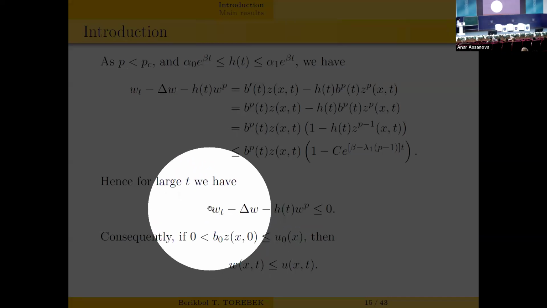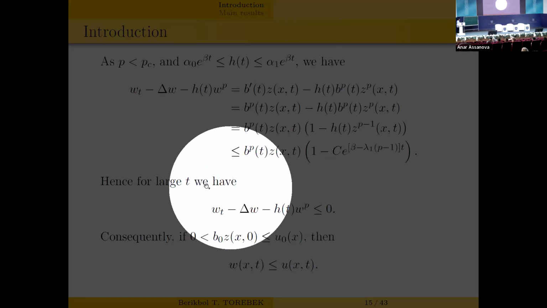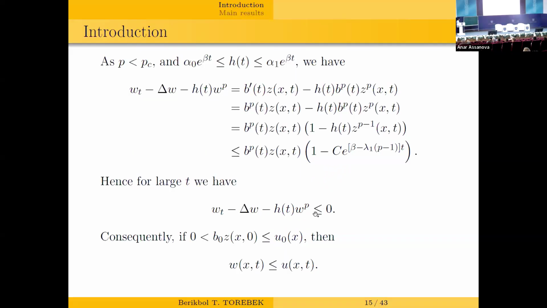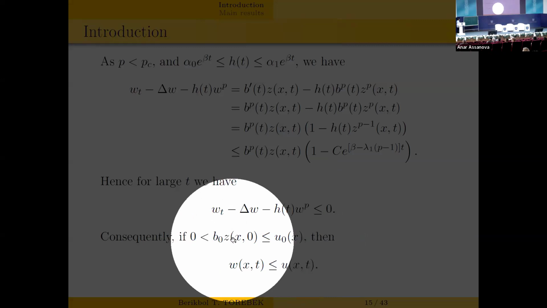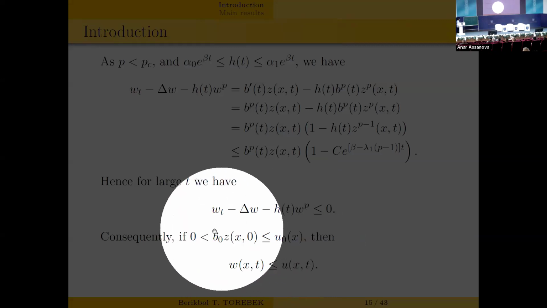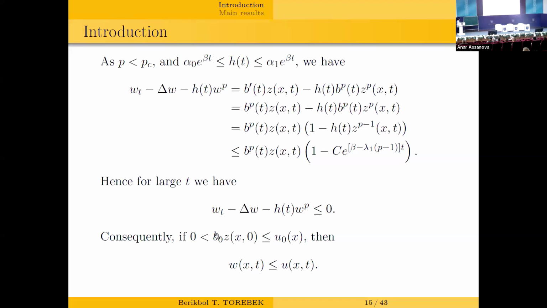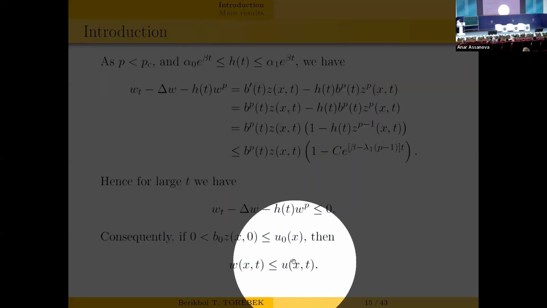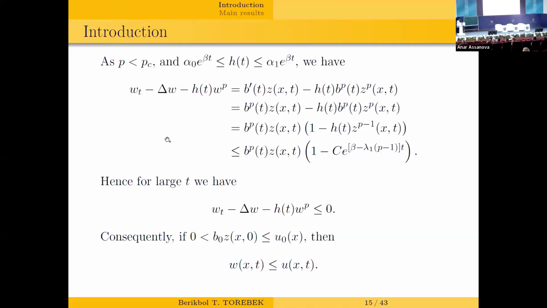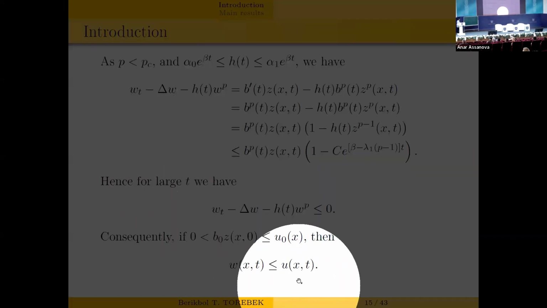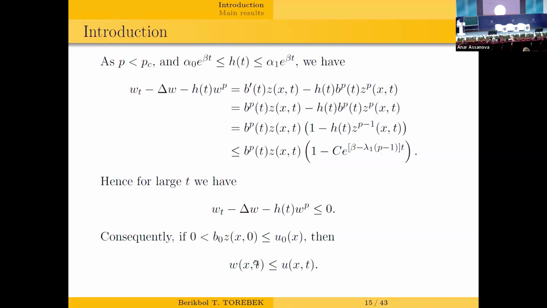It means that v satisfies this kind of differential inequality. And if we suppose that the initial function is bounded from below by this function, then the solution of our problem and the solution of this problem satisfy this inequality. It means that this W is a sub-solution of our considered problem.